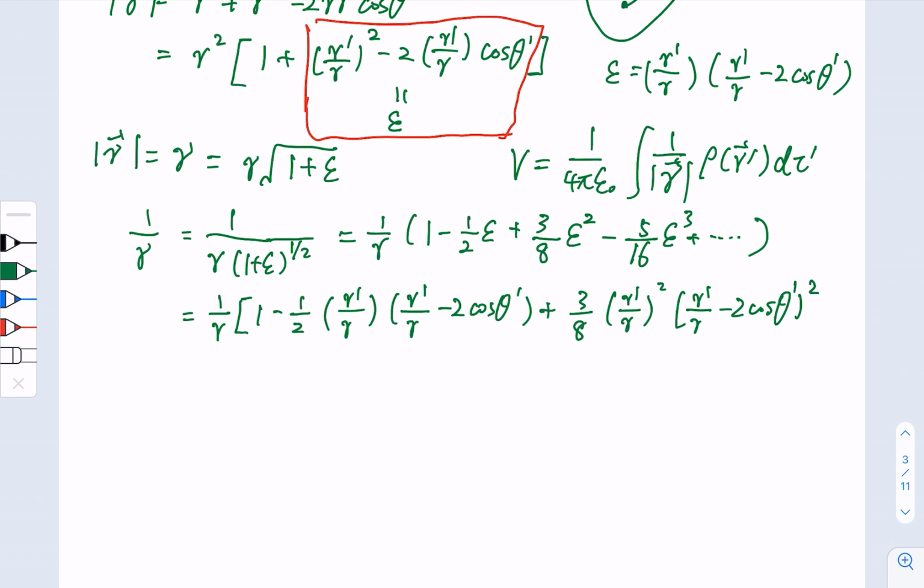Now let's write one more term, which is the terms cubed. And I'll stop here. Now let's try to see if we can collect them in terms of cosine theta prime.